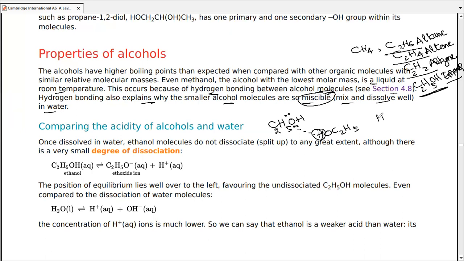Now, water can also form hydrogen bonds, because of the lone pairs present on oxygen and the big electronegativity difference between oxygen and hydrogen, both present as part of the alcohol molecule as well as water. So the hydrogen bonds actually make them mix well. These reasons have been discussed in those chapters as well.